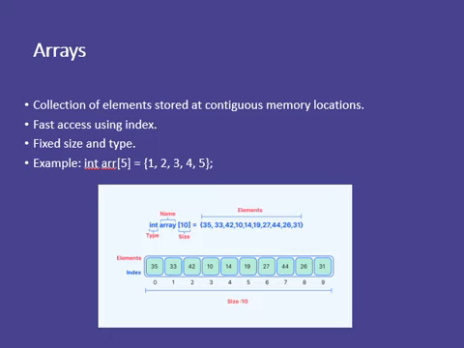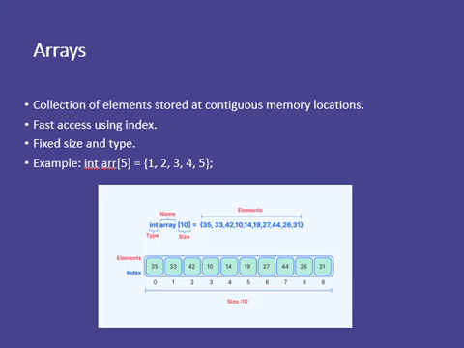So if there are n elements, the last index is n minus 1. Means the indexing starts with 0 and the last index is n minus 1. And the fourth point is that arrays provide constant time access to the elements.